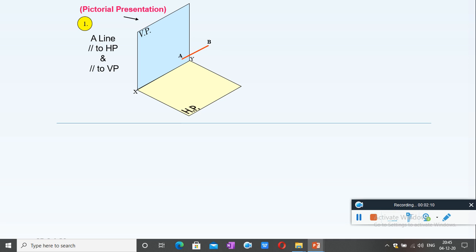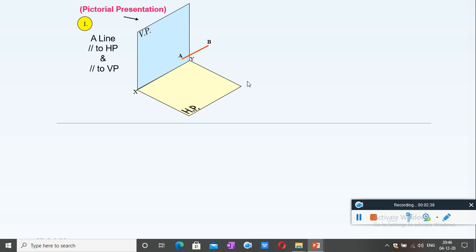We have to draw the projections of AB, or projection of point A and point B. Both the points are in space, or the line is in space. It is at a distance in front of VP and at a distance above HP. During problems, the distance will be given and we have to mark it.